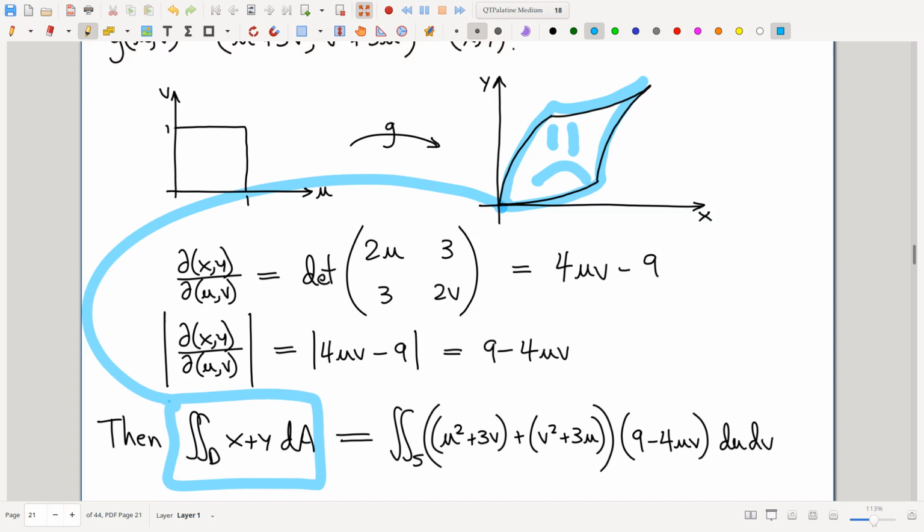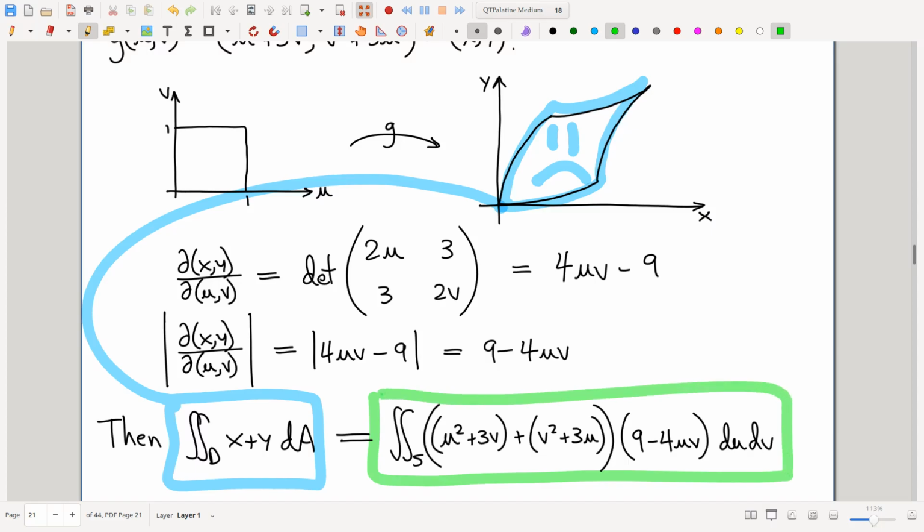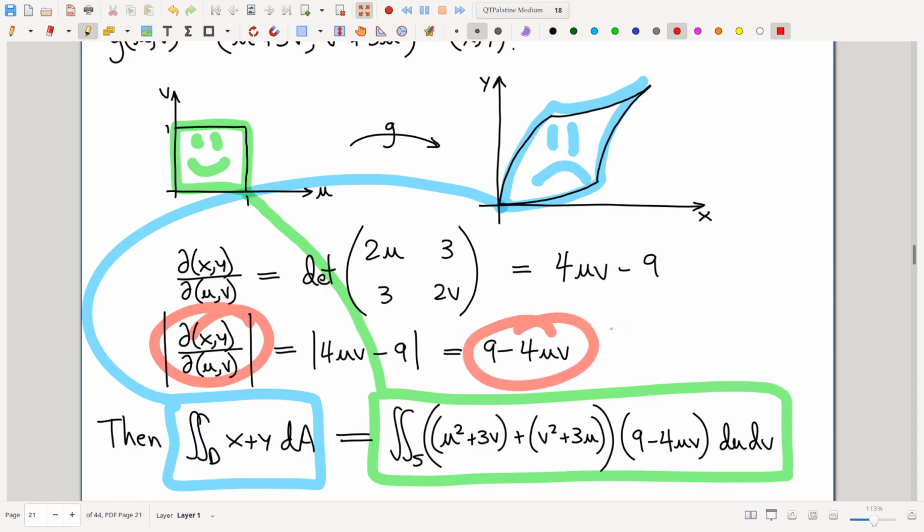But we did the pullback, and all we had to do was basically plug in, observe the new pullback domain, and then insert the stretching factor. And you can see I've got my stretching factor that I computed there. There it is.